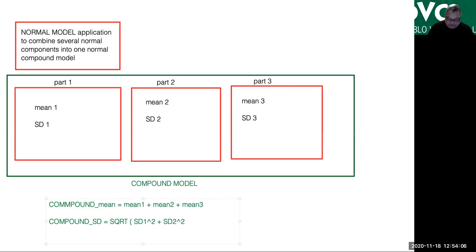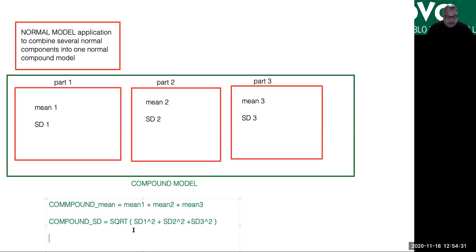And after you have the variances of the components, you add them all together. And after you add them all together, you square root that total variance in order to capture the standard deviation of the compound.